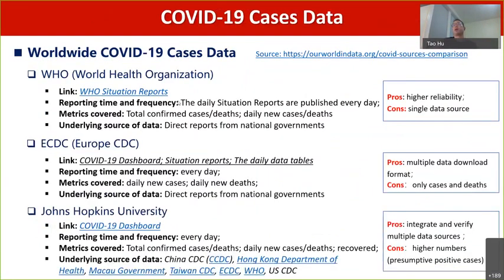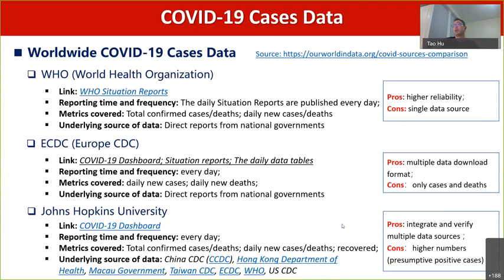The first is the COVID-19 cases data sets. I think most of you know these three data sets, which are the most popular in research, including WHO, the ECDC, and Johns Hopkins. I just want to mention one thing here: although they have similar trends for the case numbers, Johns Hopkins University has higher estimates.